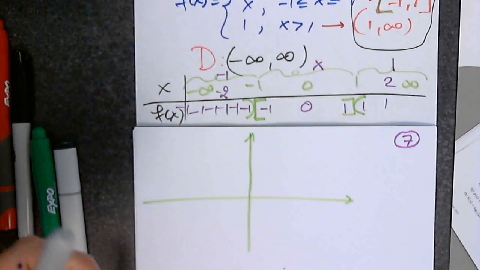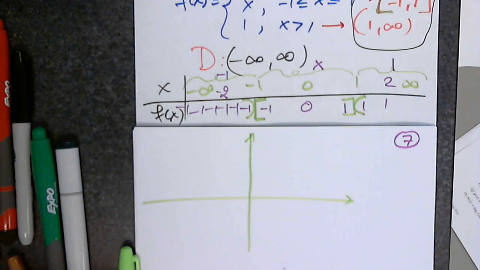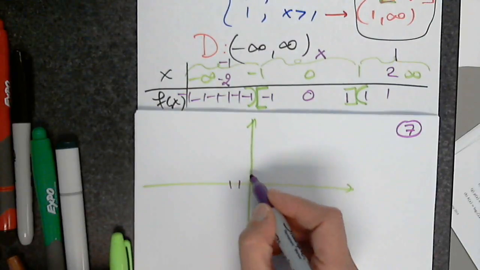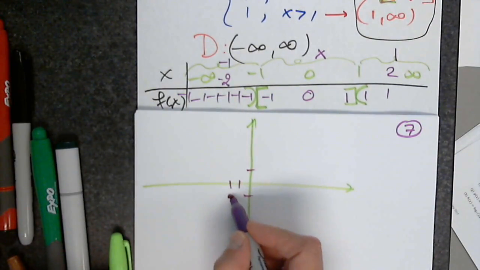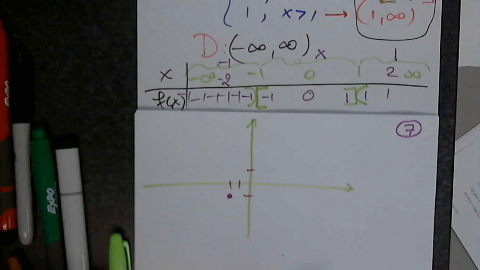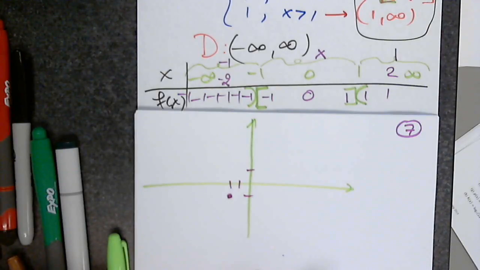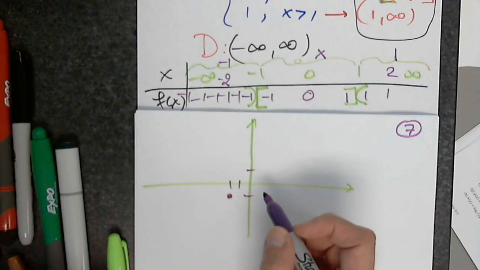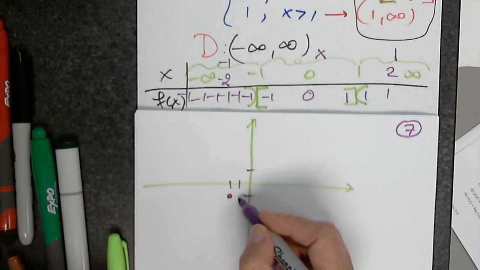First ordered pair. -2, -1. Good. Next ordered pair. So -2, -1. Yes. And this will be an open point.